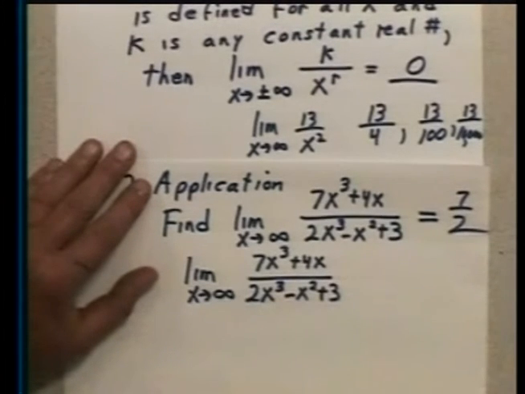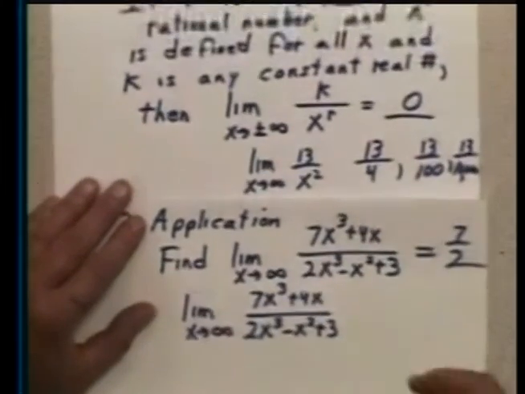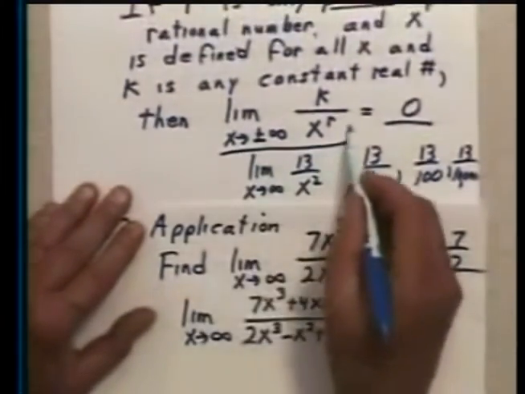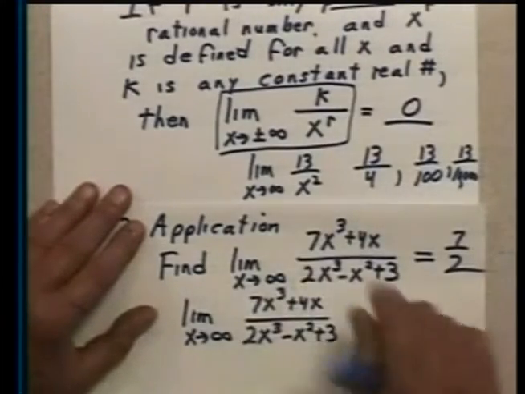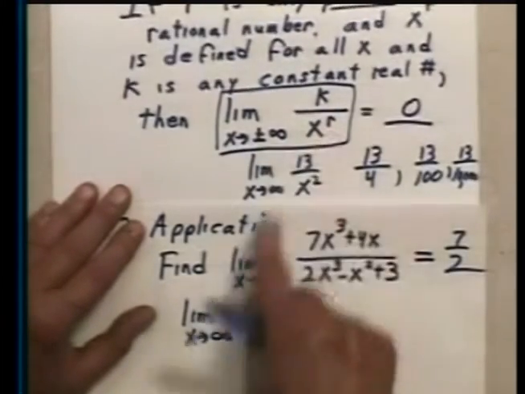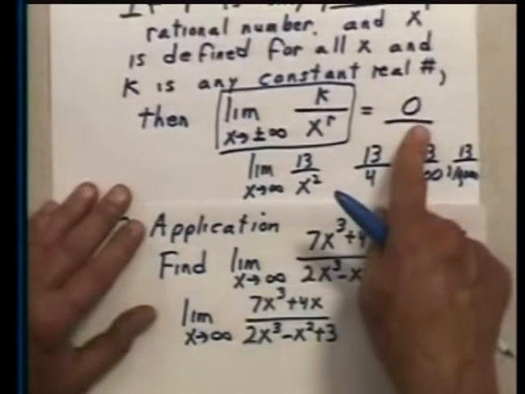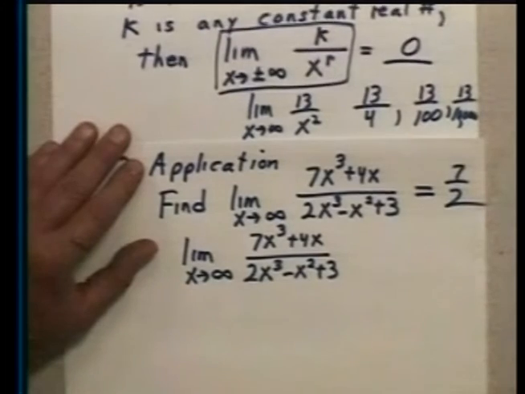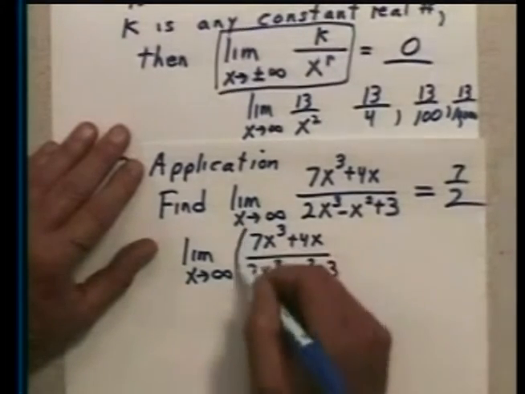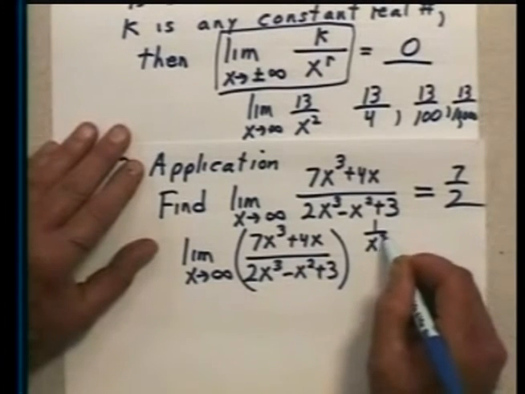When we approach this, what's the theory? The theory is this. I want to get this situation I'm boxing in as often as I can, because every time I have this situation, the limit as x goes to infinity will be 0. So I look for the highest power of x, which is x cubed, and I multiply numerator and denominator by 1 over x cubed.